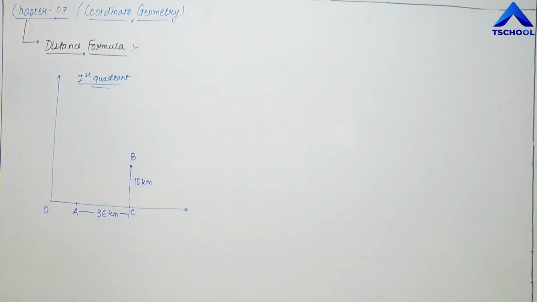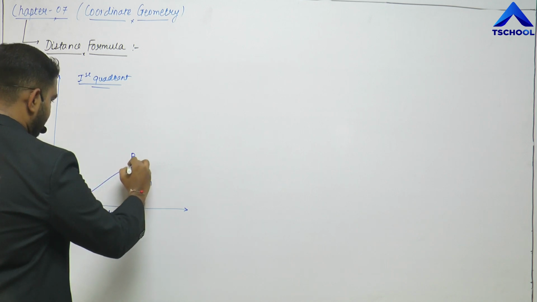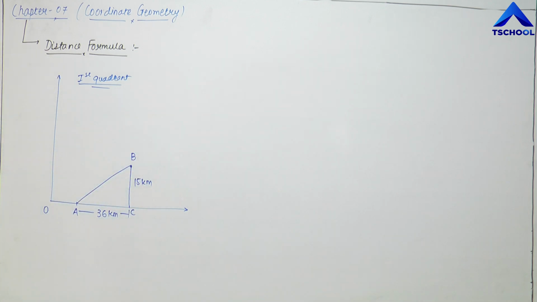So if I need to find out the distance between these two, what will be the answer for you? If I want to find out the distance between these two towns, friends, it will be like this directly, right?